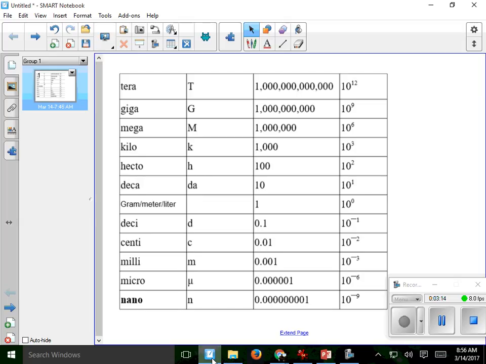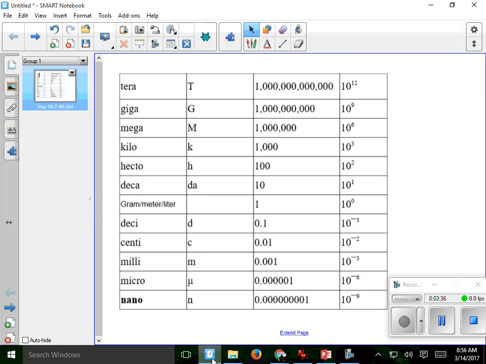There are 10 grams in a decigram. There are 10 decigrams in a centigram. There are 10 centigrams in a milligram, and so on. You see how that works? All right. Just a little brief introduction.